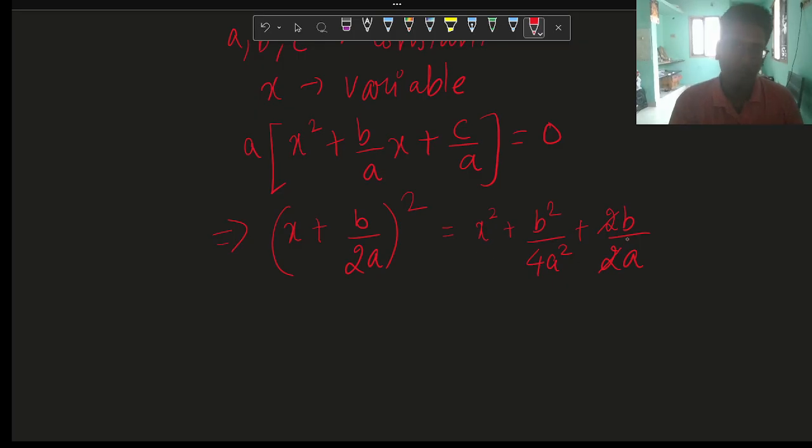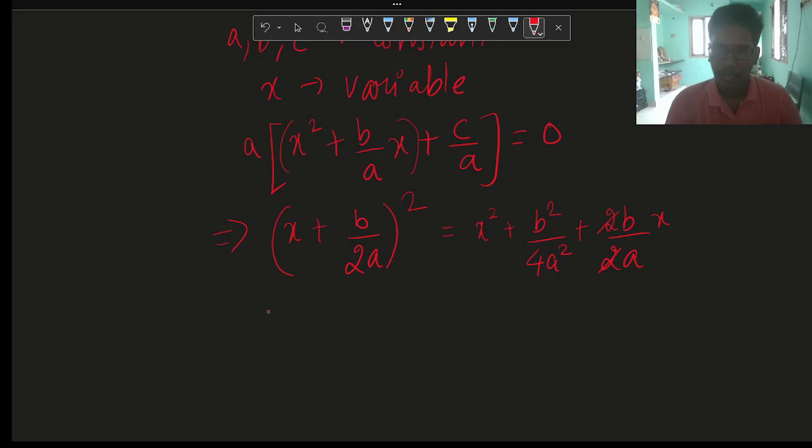So x square plus b by a x plus b square by 4a square. So we get this particular term, and I want this particular term, so I am doing this operation.